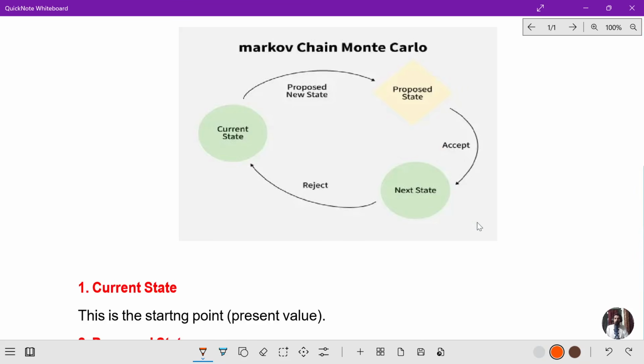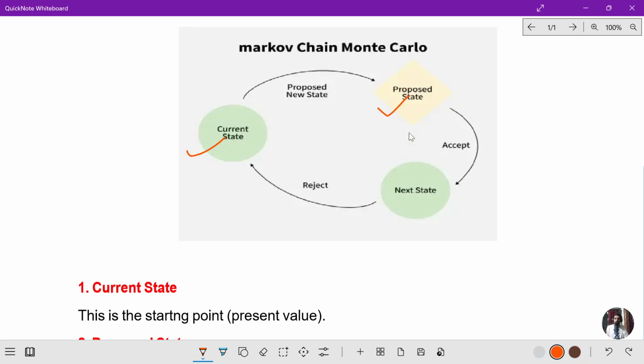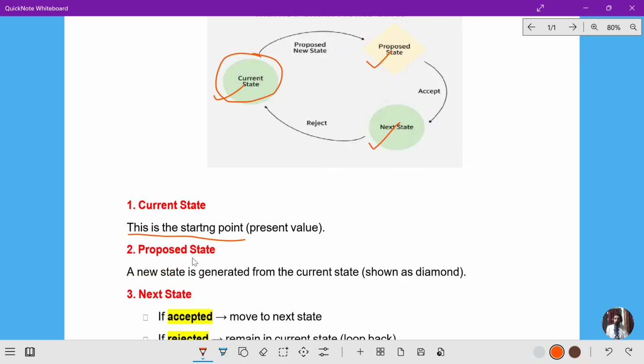Remember, it consists of three states. First state is called the current state, second state is called the proposed state, and third state is called the next state. What is going to happen in these states? When you have the current state, this is the starting point. Second one is the proposed state.